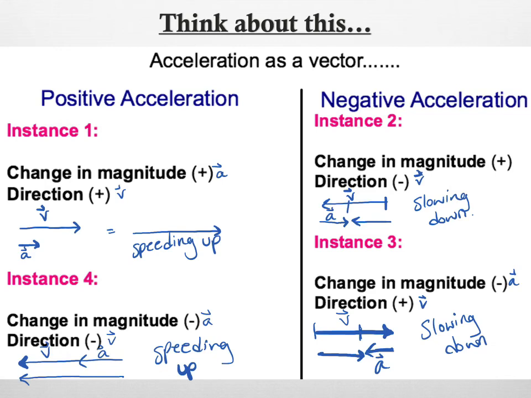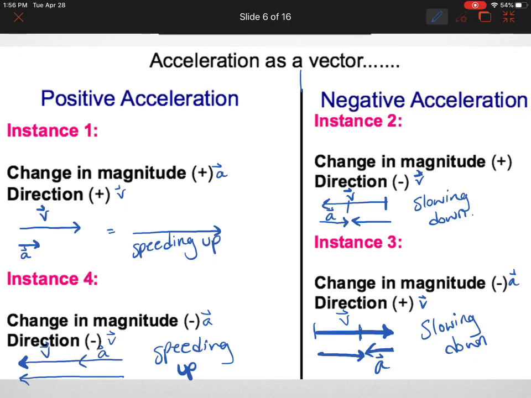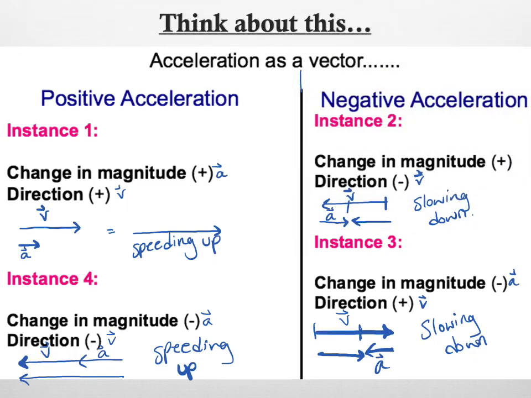Do you notice the difference? Do you notice what will determine whether it's slowing down or speeding up? If it's speeding up, then the velocity and acceleration will be in the same direction. If it's slowing down, they're going to be in opposite directions. So that is the most important thing to know about acceleration and its directions.